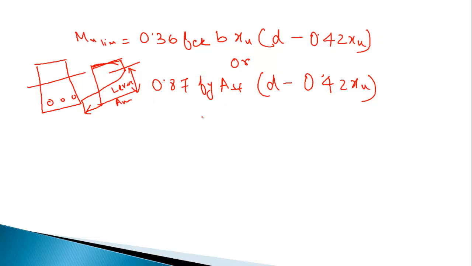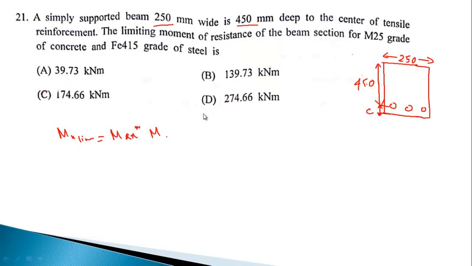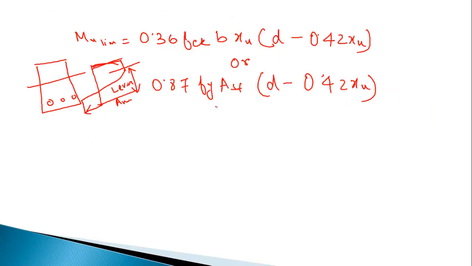You can use either of these two formulas, but in the question nothing is mentioned about the area of steel. Ast is not mentioned, so we cannot use the second formula; we have to go by this one, the Mu limit formula.